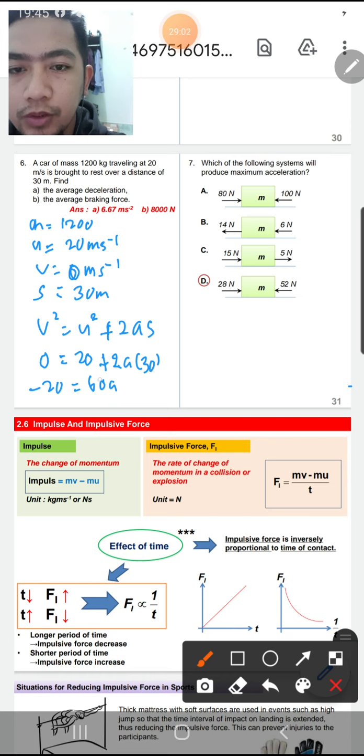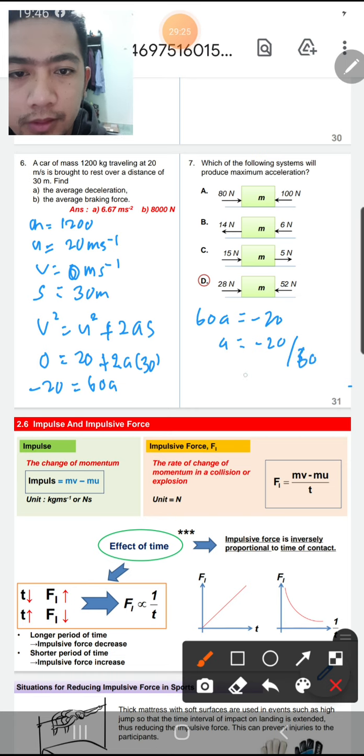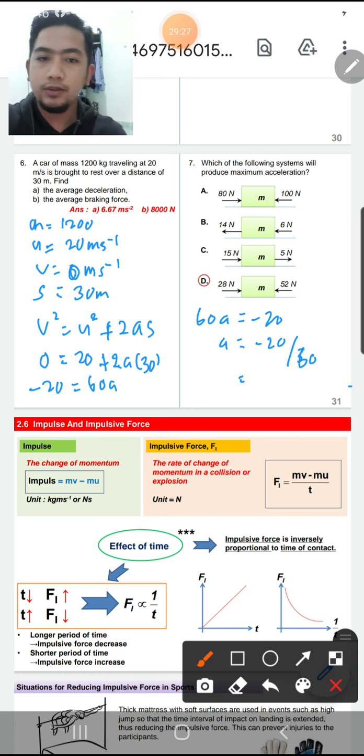So to find A, teacher rewrites here: 60A equal to negative 20. So A is negative 20 over 60. Press the calculator.